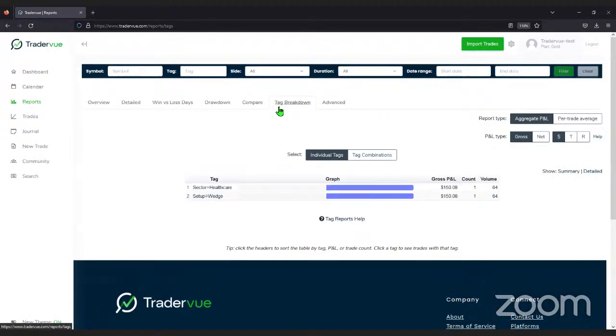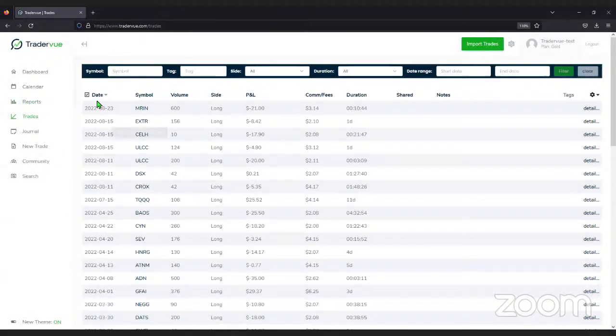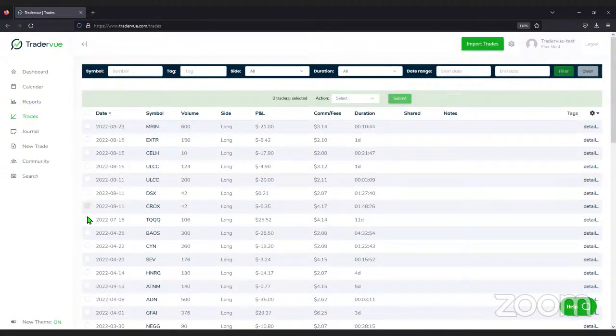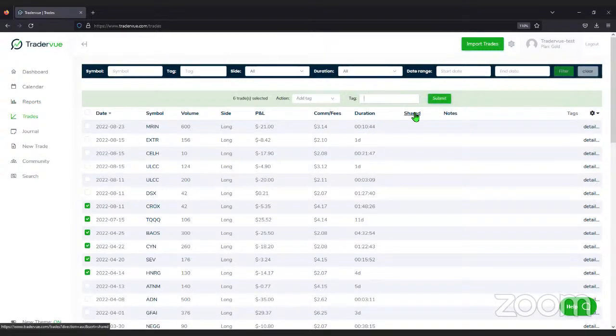Tag breakdown. Okay, so this is something that I don't want to miss at all. I wish I had more examples for this, so let me put some more examples here. I'm just going to add some random trades for the sake of examples. What I'm doing right now is bulk editing my trades. You can click on this checkbox and do a collective action to all of these trades. In this case, what I want to do is add a tag.